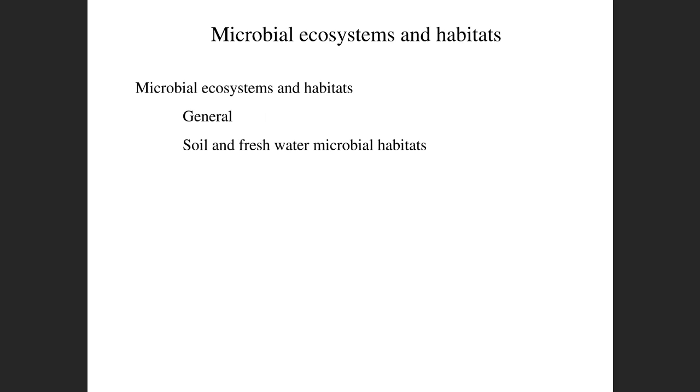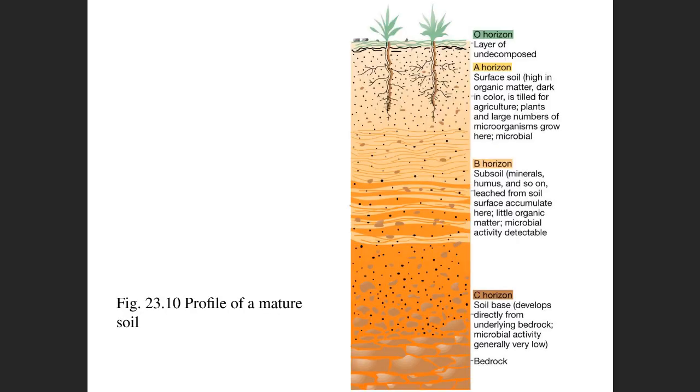Now, if we focus on soil and fresh water a little bit more, you will see the soil. If you have a soil column, this would be a cross-section of soil, like just outside somewhere at Lehman College, where grass grows on the surface.